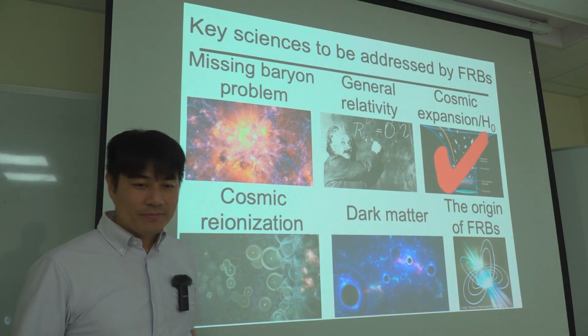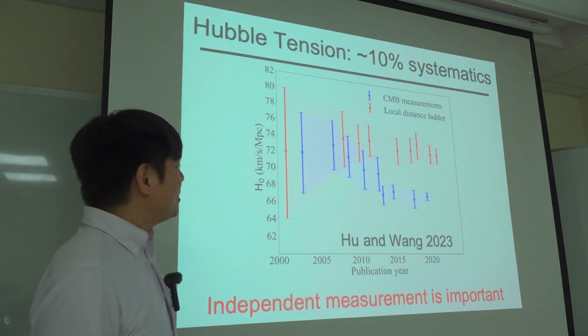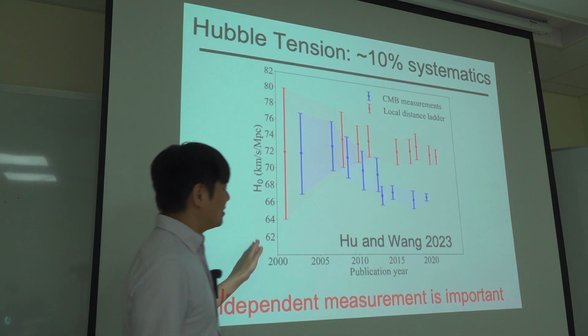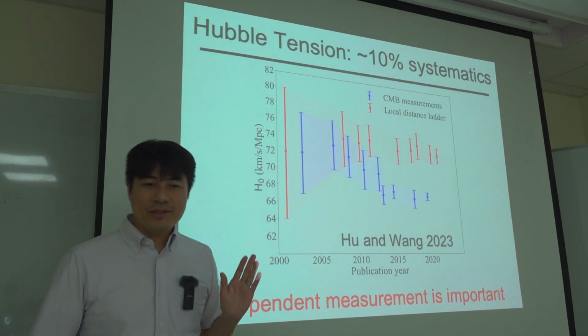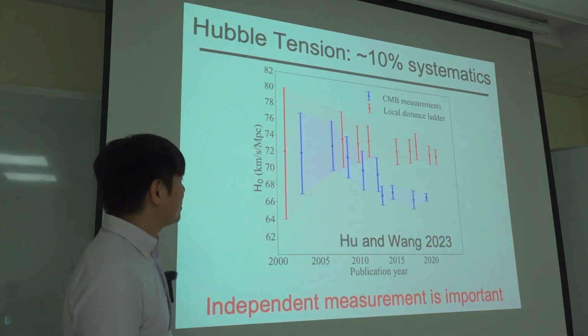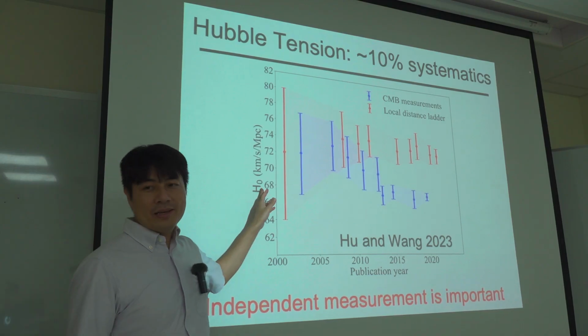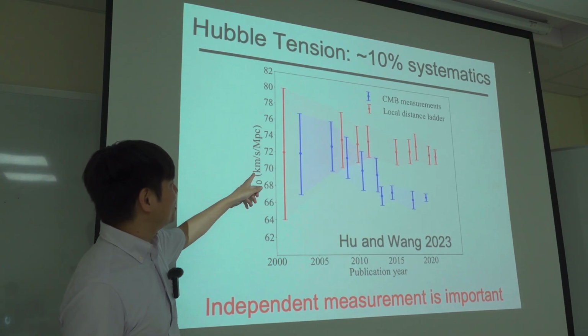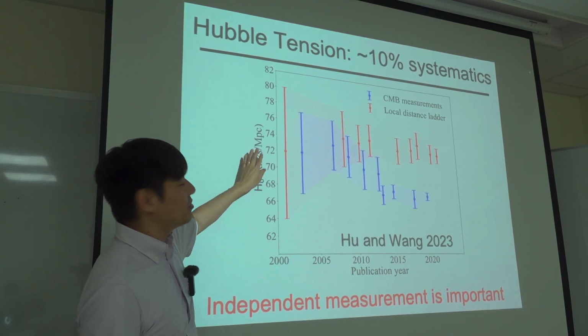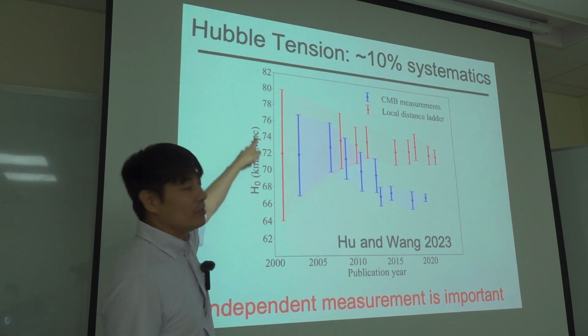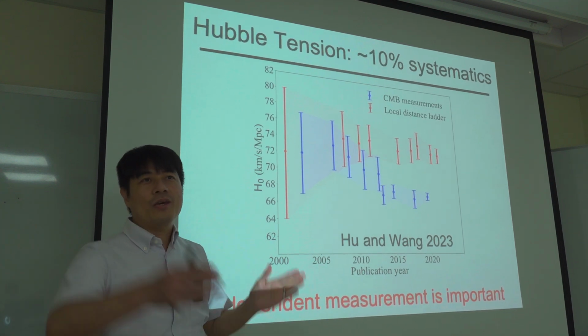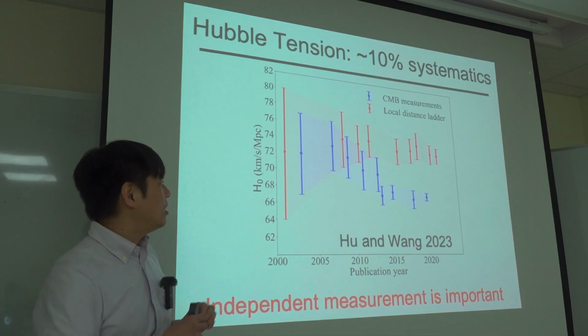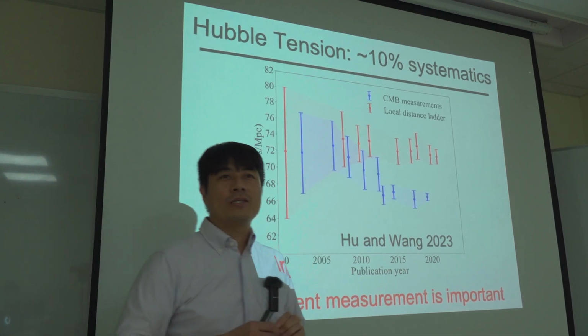So cosmic expansion. I think many people know, but let me explain this briefly. The Hubble constant, if you look at the unit, is kilometer per second velocity per given distance in the universe. Say for a given distance in the universe, how fast the universe is expanding.